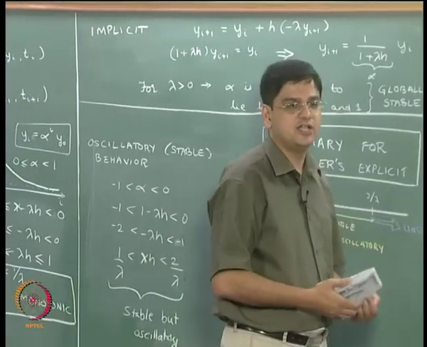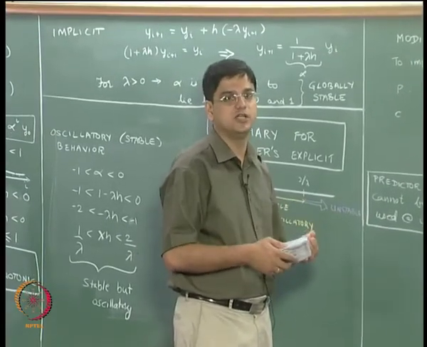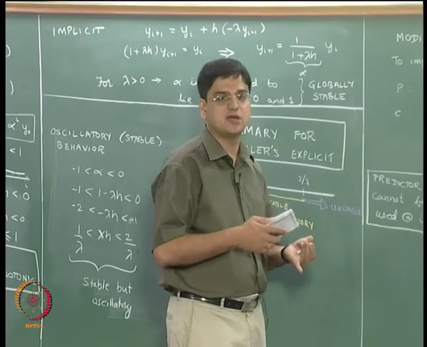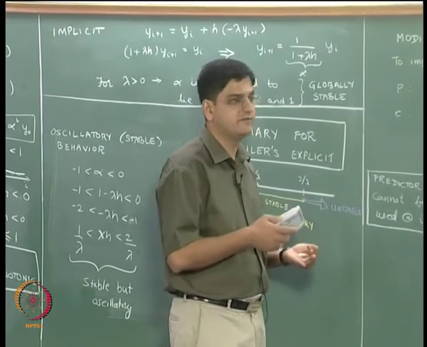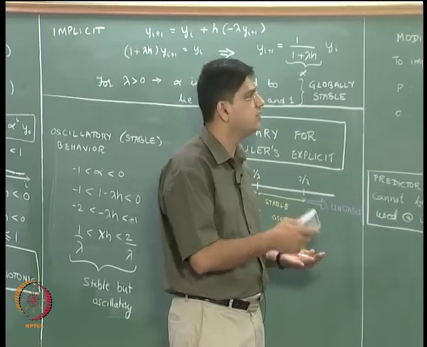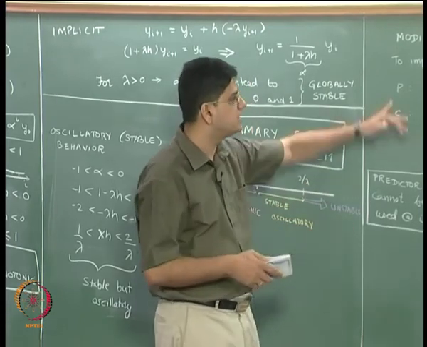Now, what I have done so far is I have talked about the various Euler's methods, Runge-Kutta methods and so on. We have discussed the accuracy of those methods, we have discussed the stability of these methods, we have discussed predictor corrector methods, what we mean by predictor corrector methods.